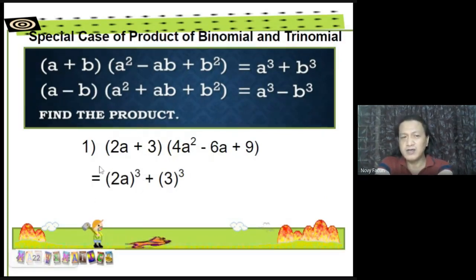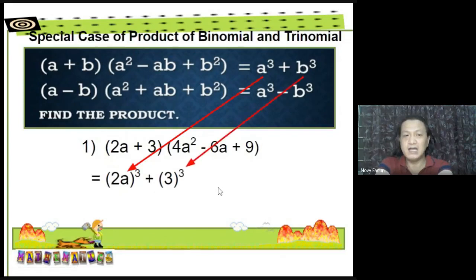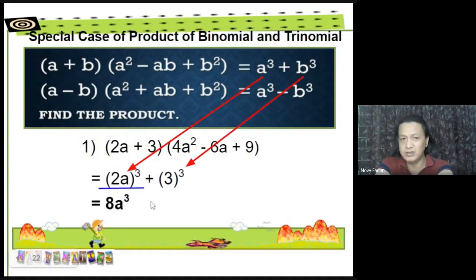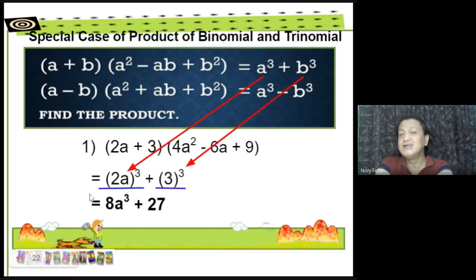If you're going to get the cube of the first term, that will become 2 times 2 times 2, 8 yon. Kaya, that is yung formula. And 8a cube yon. So then, the cube of 3, meaning 3 times 3 times 3, that will become 27. Kaya ang final answer natin, we have 8a cube plus 27. So lagi siya 2 terms na lang.